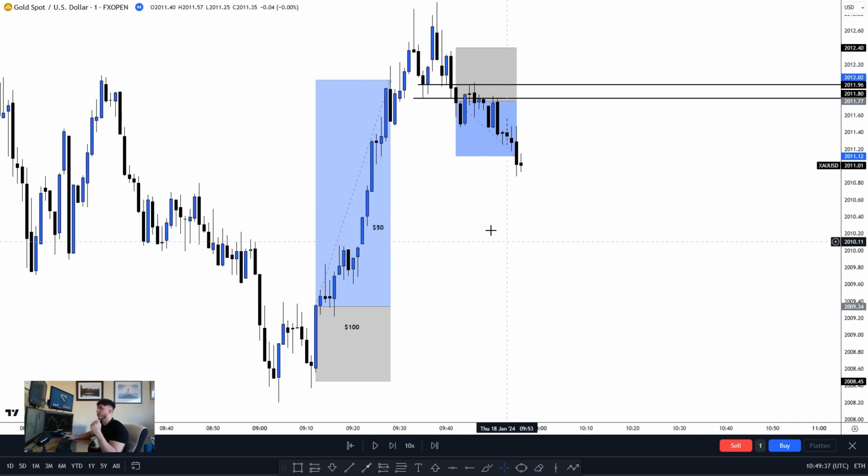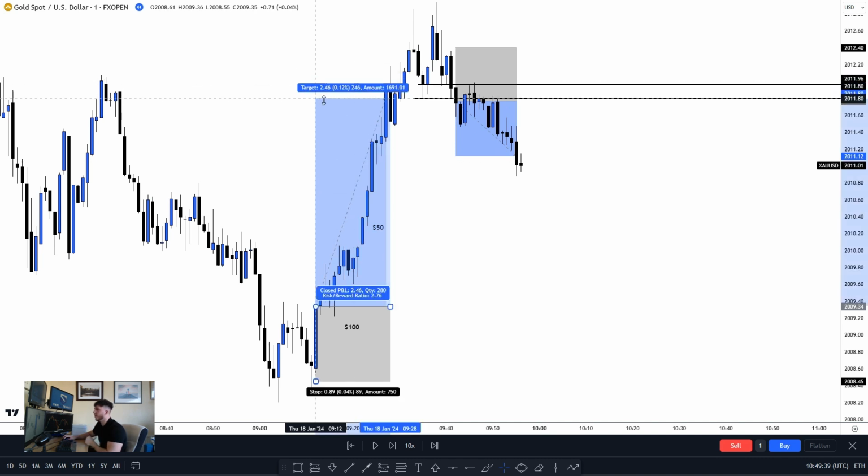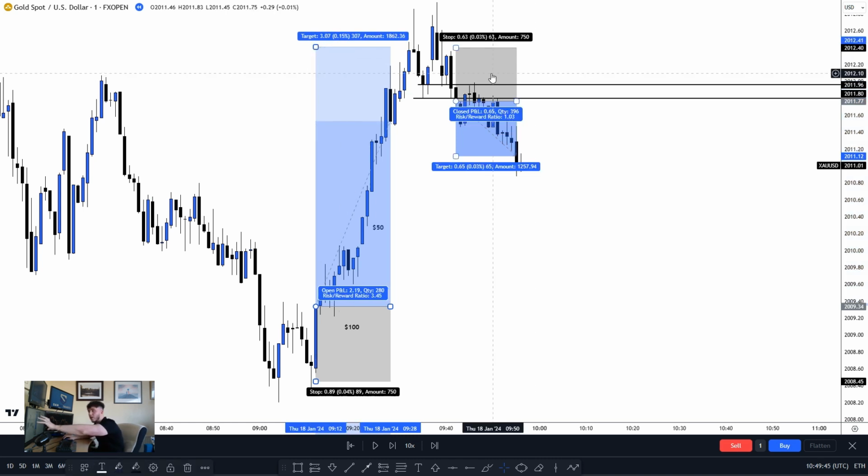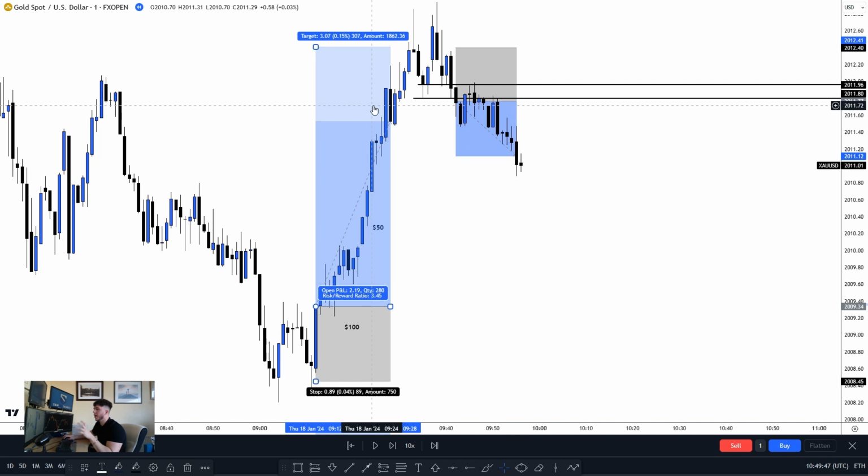I've now got $50 running. When I entered this position, what you can do is say, if this trade was to lose, as in the sell, what would my buy be running? My buy would be running 3.5-to-1. Okay? So if you are looking at that, what that means is that your $50 runner is running 3.5-to-1. So you are doing 50 times the 3.5, and then you're looking at 175.